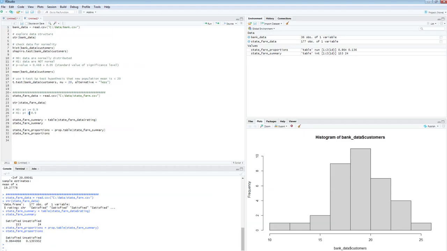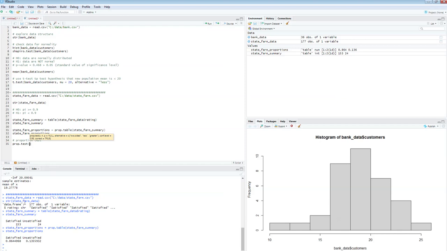So let's go ahead and find out how likely it is to see a sample with the proportion 0.8644 or less if the null is true, and the true proportion in the entire population is 0.9 or 90%. Okay, so proportion testing, prop.test. Now here I could basically do the following.